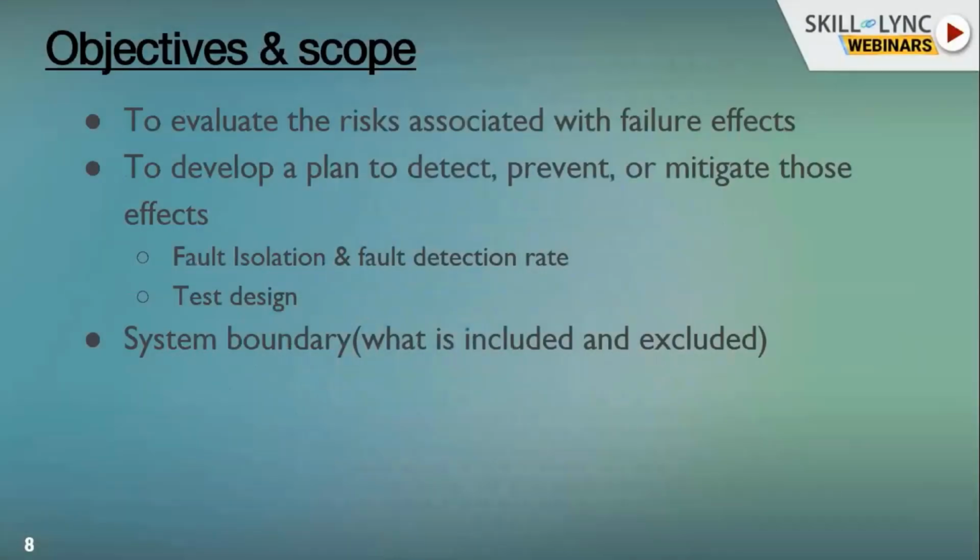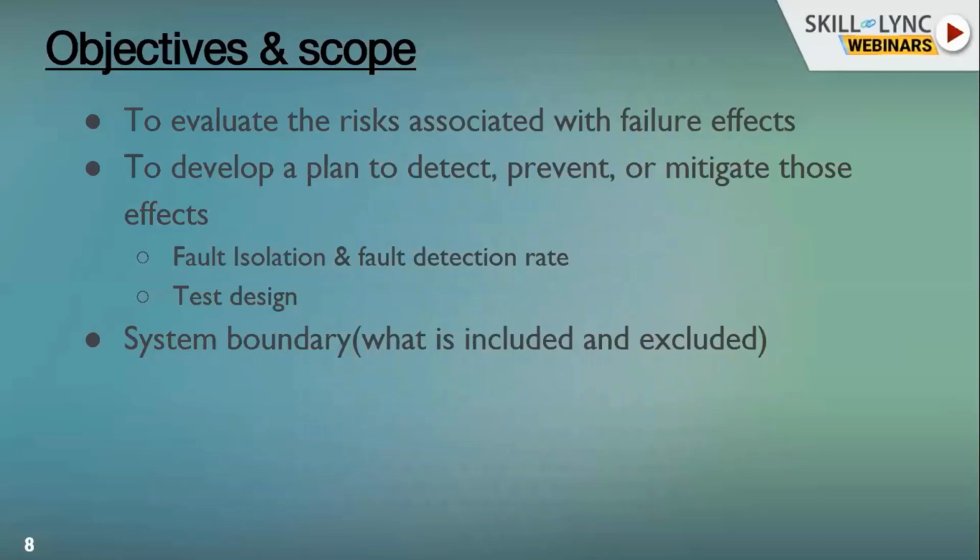So as I mentioned, this objective is just an example: to evaluate the risk associated with failure effects. That can be one objective, or it can be to develop a plan to detect, prevent, or mitigate those effects. Normally, the top one, to evaluate the risk associated with failure effects, is considered the main.